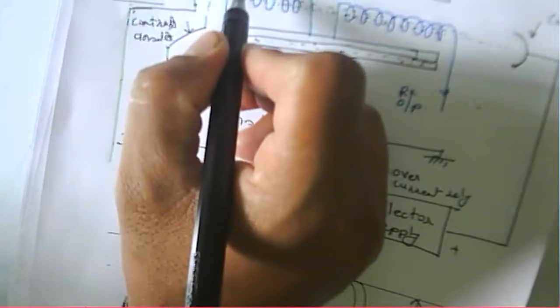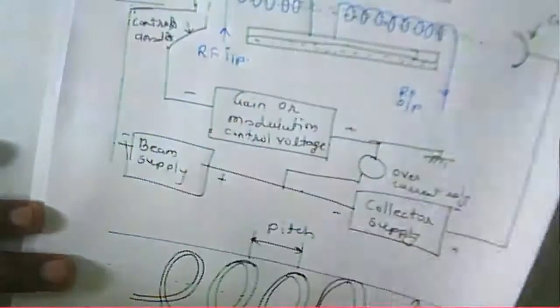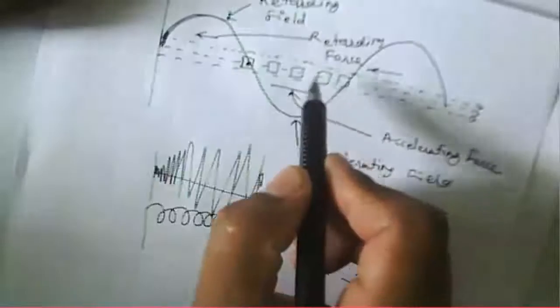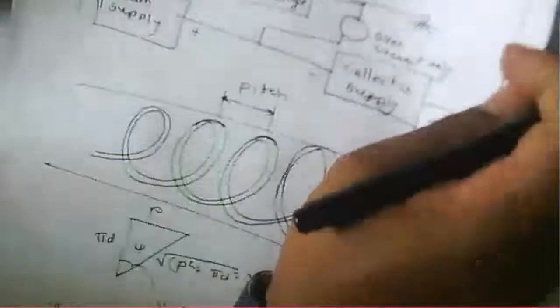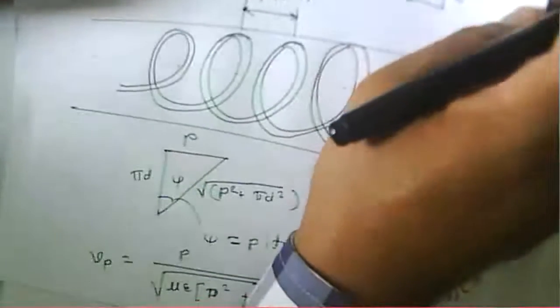The helix tube will be analyzed in terms of the axial electric field. This is your electric field, and this is the direction of propagation of the wave. If the wave is propagating in the z direction, we can analyze the electric field, or analyze in terms of the magnetic field.